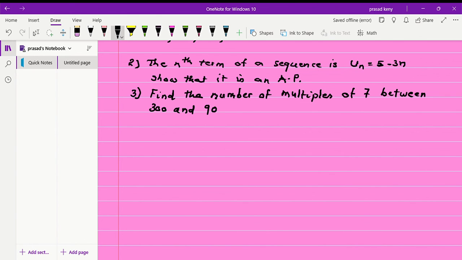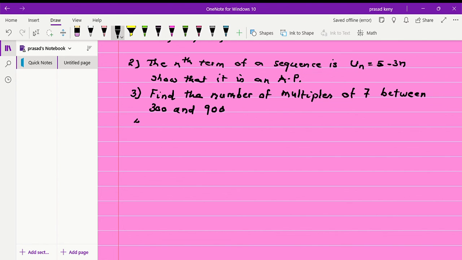So to find out the first multiple of 7 that is just greater than 300, you will divide 300 by 7, take the integer part and go to the next integer and multiply that by 7. And to find out the last multiple that is just less than 900, divide 900 by 7, take the integer part and multiply it by 7.